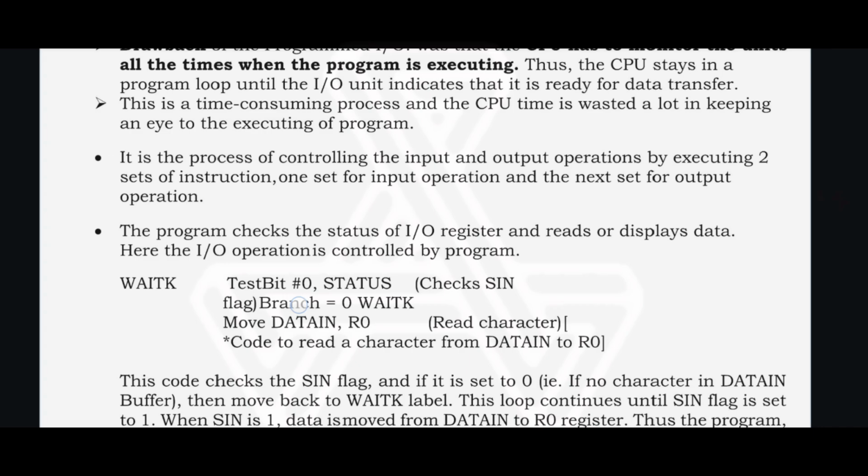WaitK: test bit 0 of status, checks SIN; branch if equal to 0 to WaitK; move data in to R0, read character code, to read a character from data in into R0.